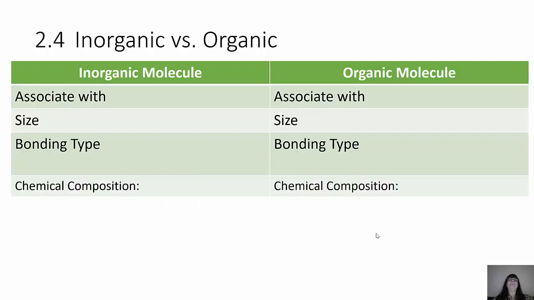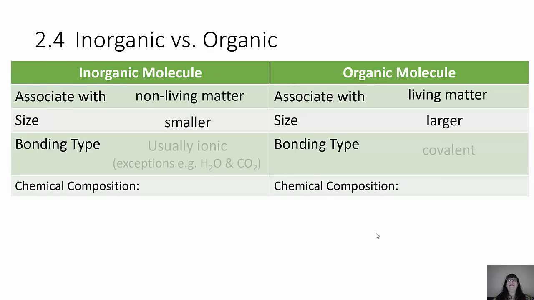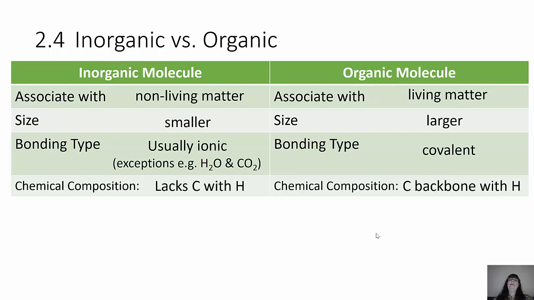Now, inorganic molecules versus organic molecules. Inorganic molecules are associated with non-living matter, and organic molecules are associated with living matter. Inorganic are usually smaller than organic. Bonds in inorganic molecules are usually ionic. Organic are usually covalent.